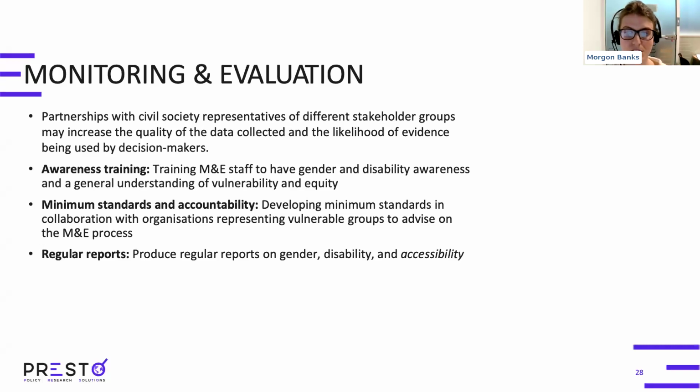Engaging with these groups is also important as they can feed back information to the participants. Staff need training as well on how to have disability and gender awareness when they are doing their evaluations. Next slide, please.